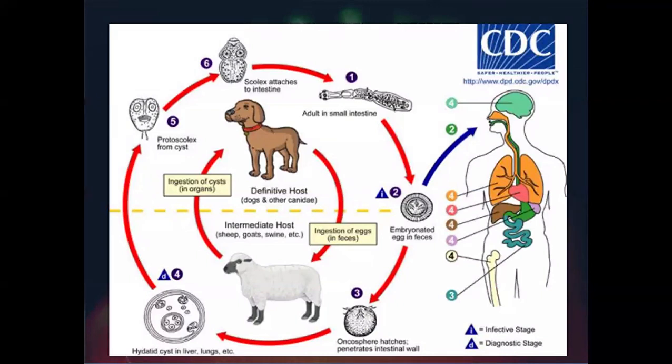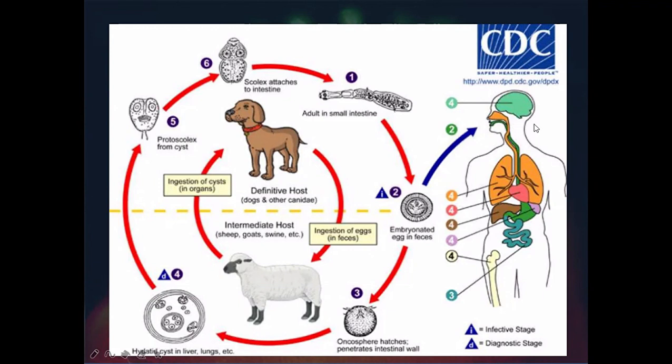Within the hydatid cysts, they become mature. The hydatid cyst will now be ingested by your definitive host, and within the definitive host, they are released. The scolex attaches to the intestine and becomes mature. Okay. So this is the usual life cycle in red.